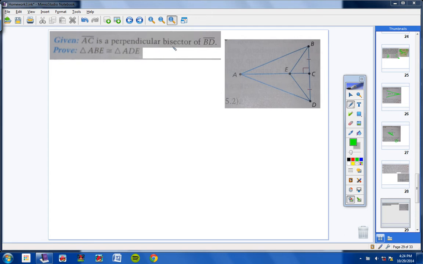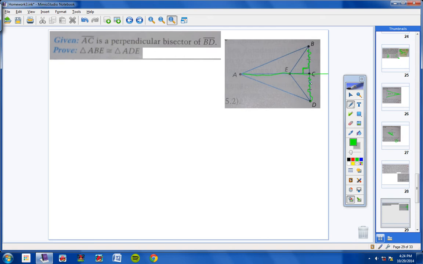So AC is a perpendicular bisector, so there's a right angle here, and we have that marked, and this segment here is congruent to this segment here because this is a perpendicular bisector. In other words, AC cuts BD in half.